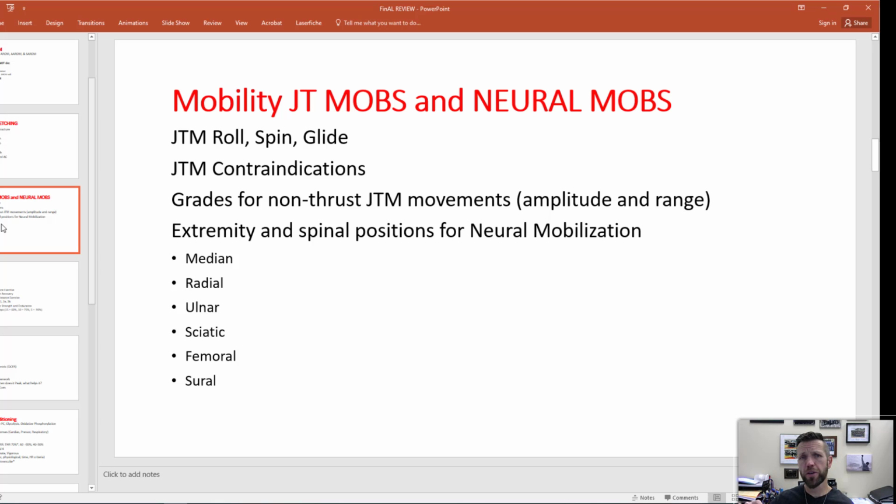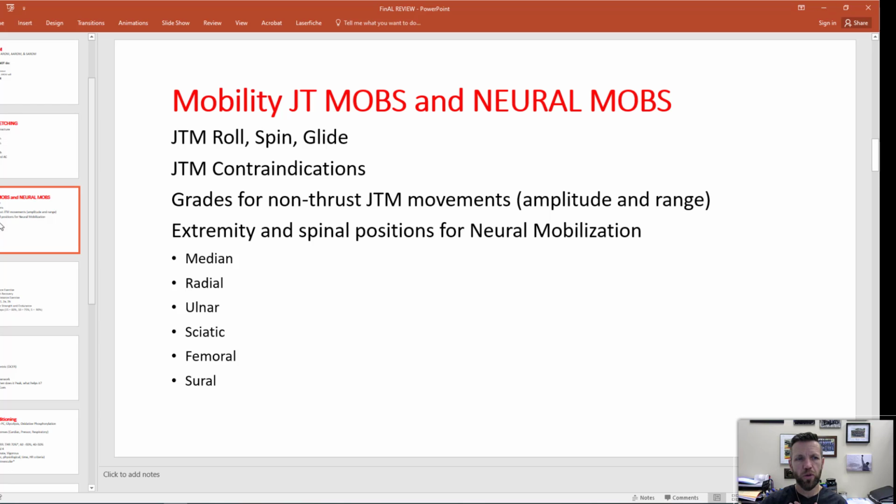And then also, is there a spinal position involved? Does the cervical spine move away or towards to make that better or worse? Just think about that, but definitely key in on the extremity movements so that you have a firm foundation in knowing neuromobilization techniques.